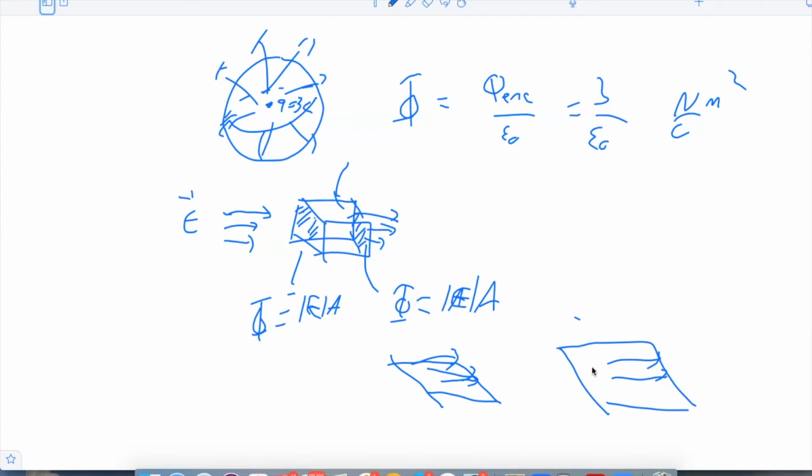So the angle, remember, when I say this, this angle right here is the angle between E and the normal vector. So my normal vector, perpendicular to the surface, points up, E points over, they form a right angle. Cosine of 90 is 0. There's no flux here. The flux through the top, the bottom, the front, up here, the back, all of those are 0.